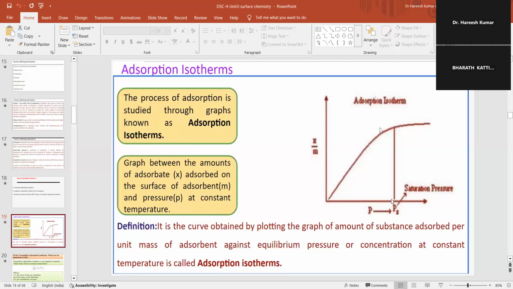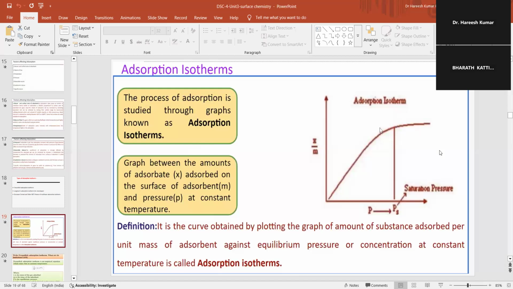That means it is independent of the pressure. This is because the active sites are occupied by the gas molecules. Then there are no active sites. That's the reason that, irrespective of the increase of pressure, adsorption is independent of pressure.